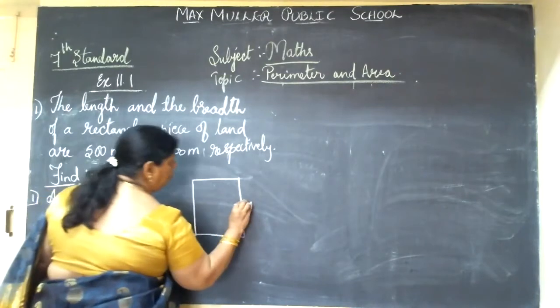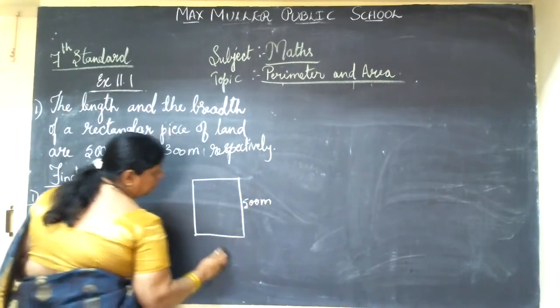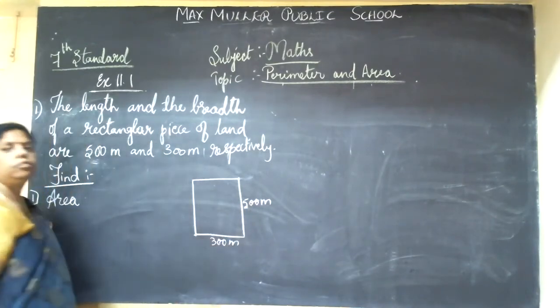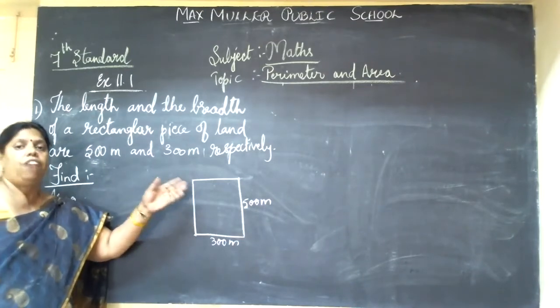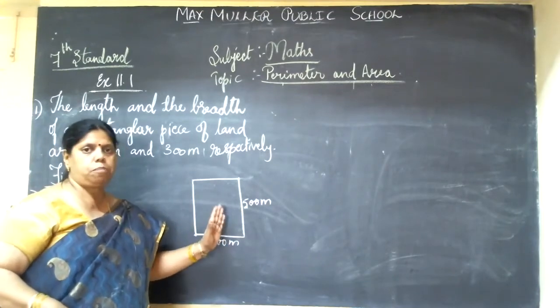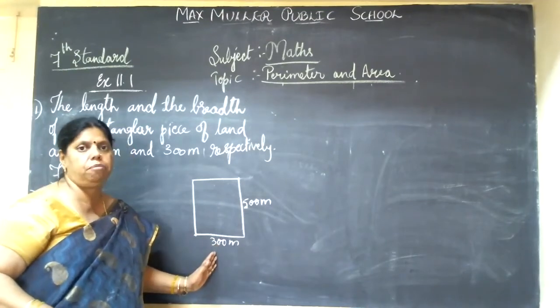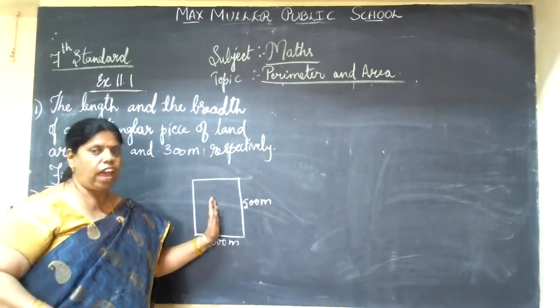So I'll write here 500 meters. You have to write 300. You have to draw, children. What all I write now, you are supposed to copy it. 500 meters, 300 meters. So in which shape is it? It is a rectangular shape.